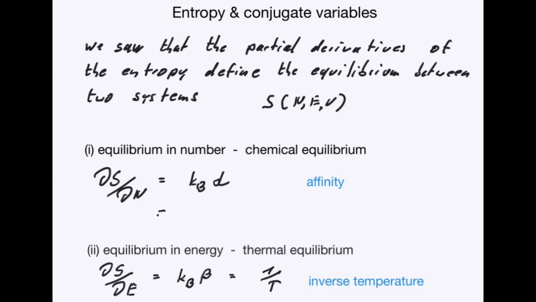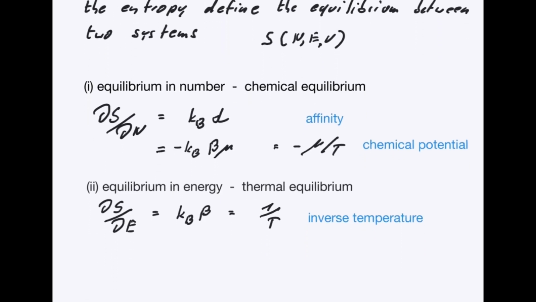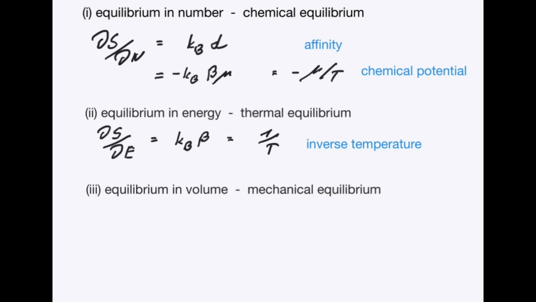Our new definition of beta we could also use in the prior equilibrium state, saying that the derivative of the entropy with respect to N is given by minus Kb beta mu, or that the derivative is equal to minus mu divided by T, where mu is the chemical potential. Lastly, we consider the final derivative describing the equilibrium in the volume, or the mechanical equilibrium.